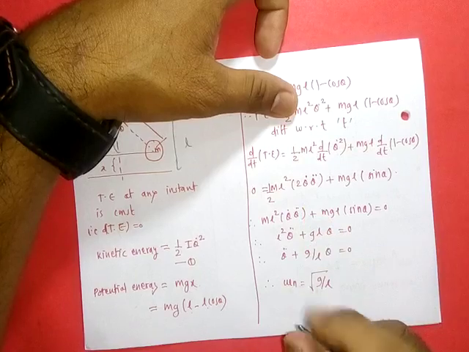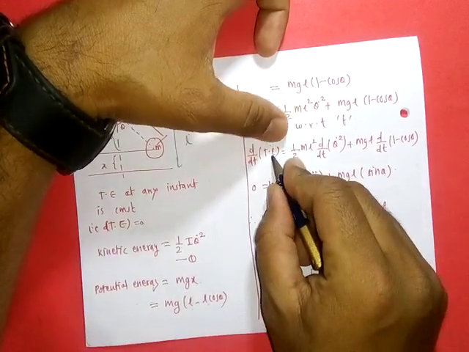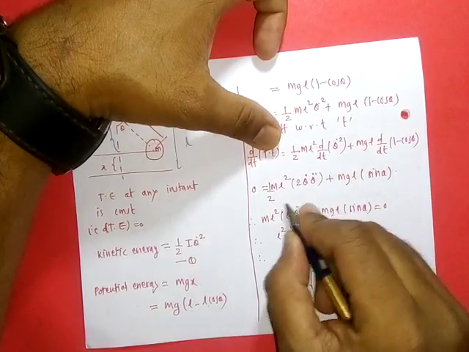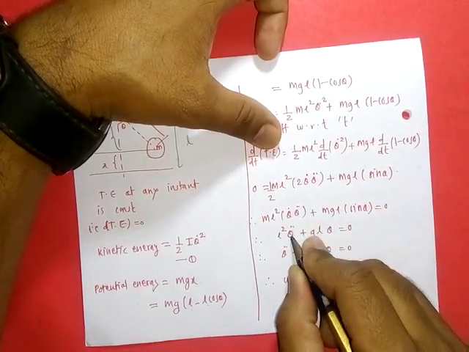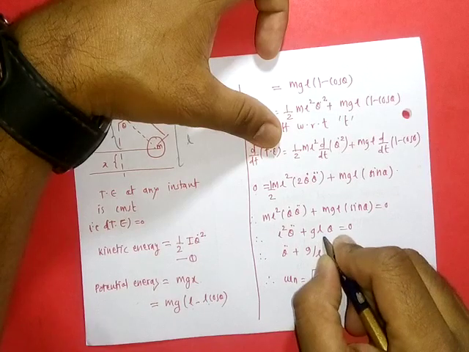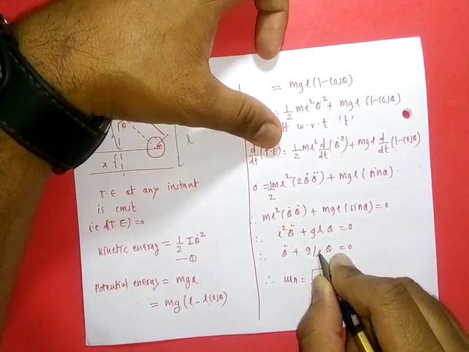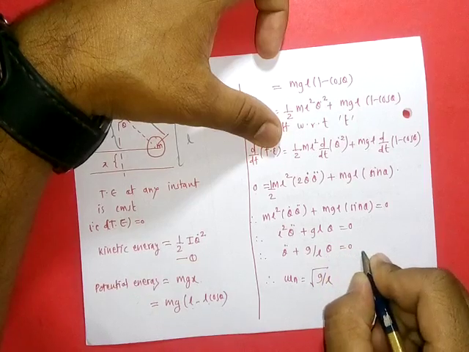Here derivative of total energy, which is constant, is equal to 0. Then equating to 0 we get m L square theta double dot plus m g L theta is equal to 0. This is theta double dot plus g by L theta is equal to 0.